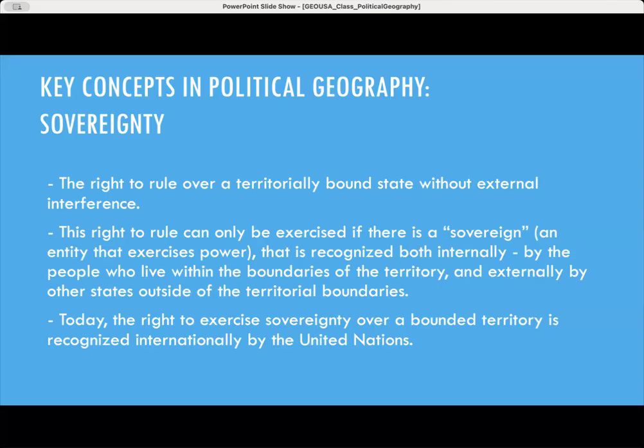And that is the process through which a country gains this right to sovereignty, which means that another neighboring state or country cannot simply invade it or claim their territory as theirs, because you have this right to sovereignty. This is also what allows states to enforce laws like immigration laws, for example, to restrict who can enter the country, who can remain in the country, who can claim the right of citizenship in that country.